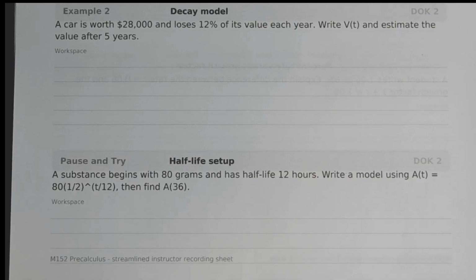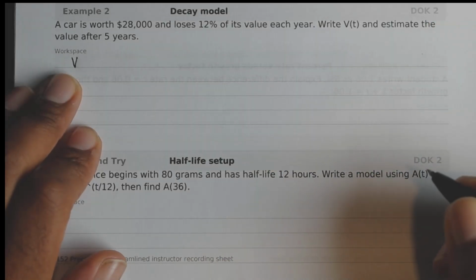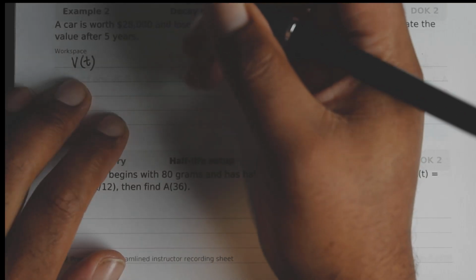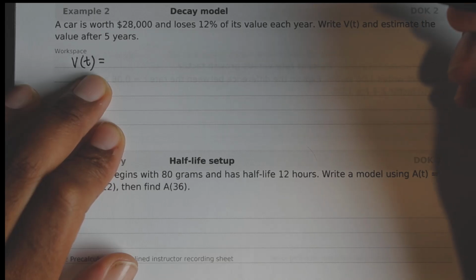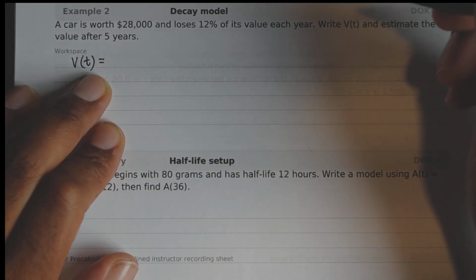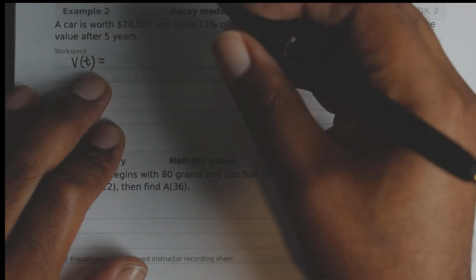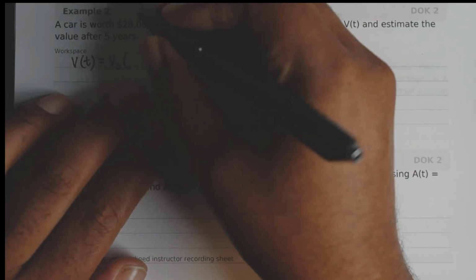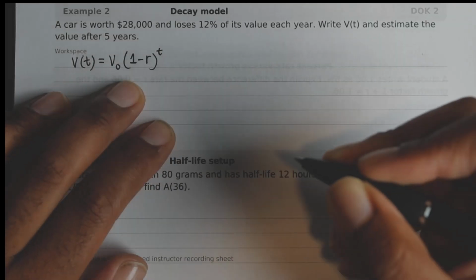Okay, so this is a decay problem. So we know the function for the decay. We're going to use V in this case. V is a function of t equals the decay model, A sub 0 times (1 minus r) raised to the power of t.